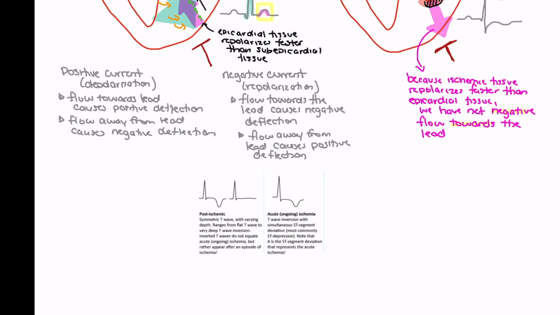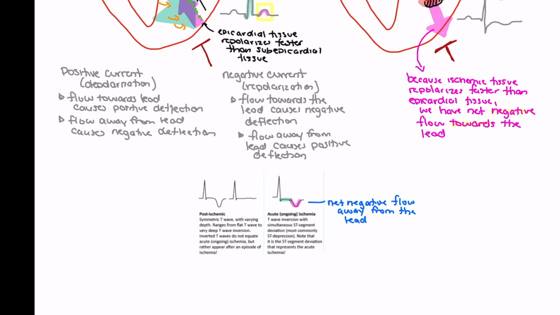and then a T-wave inversion is supporting evidence of that. So again, if we think back to why that is the cause, so why would I have this T-wave inversion, the reason for that is going to be because I see a net negative flow towards the lead. Again, what's interesting about T-wave inversion is that it's not often highly specific for ischemia.